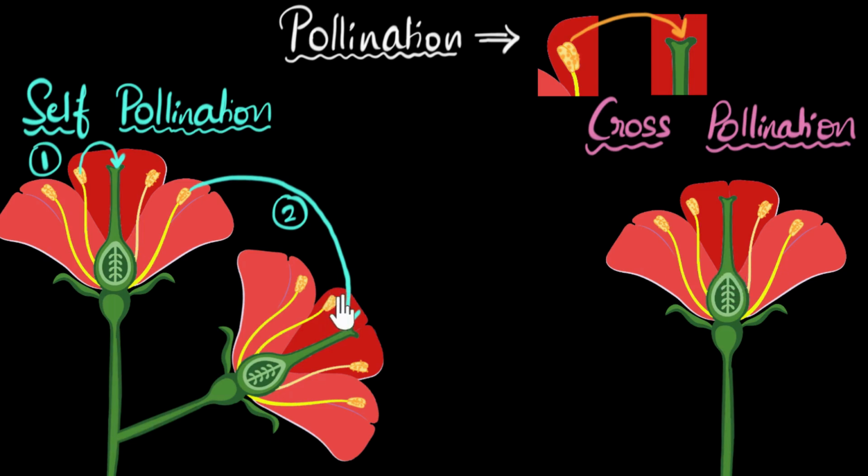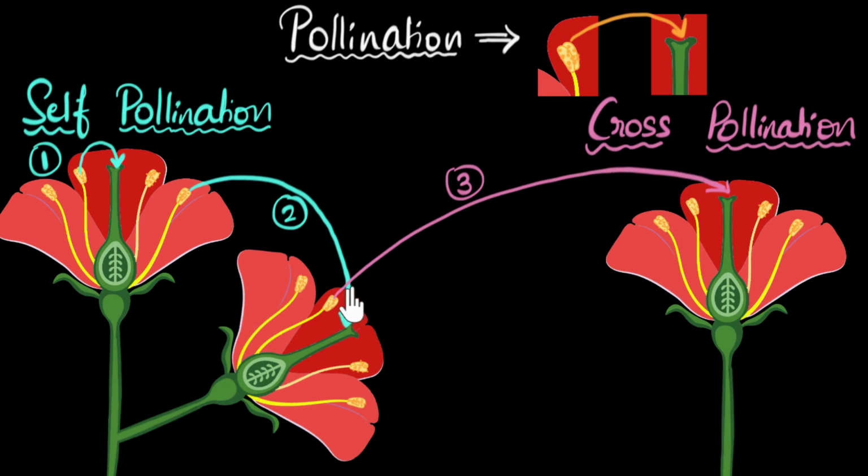So for example, if you have pollen grains from here going all the way to the stigma of a different flower altogether, meaning a different flower belonging to a different tree altogether, then that is what we call cross-pollination across 2 different plants. Of course, same species, obviously, but 2 different plants altogether. So I'll call this number 3. This is in pink, so this is cross-pollination.